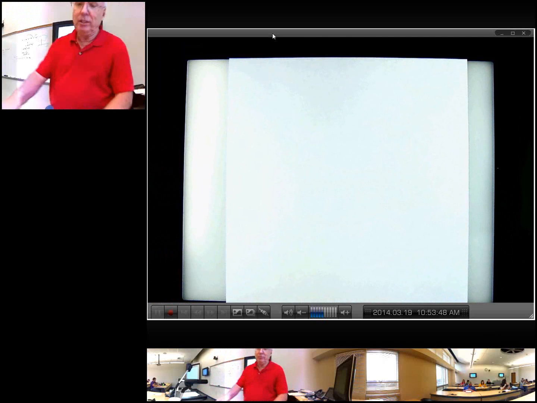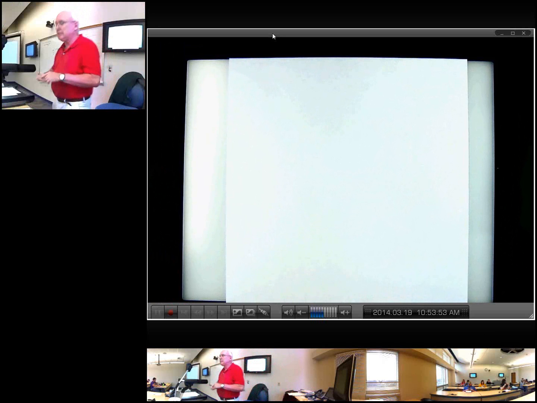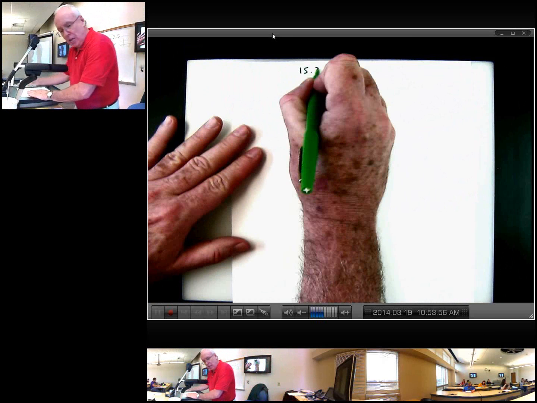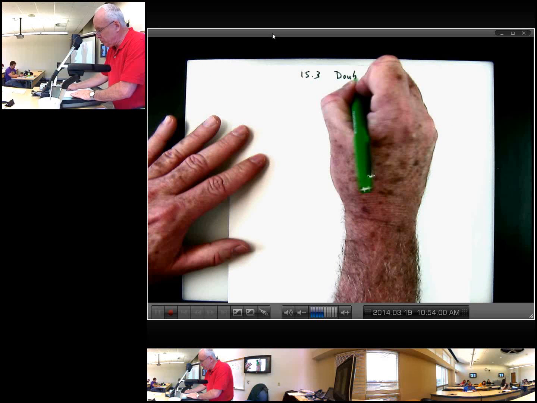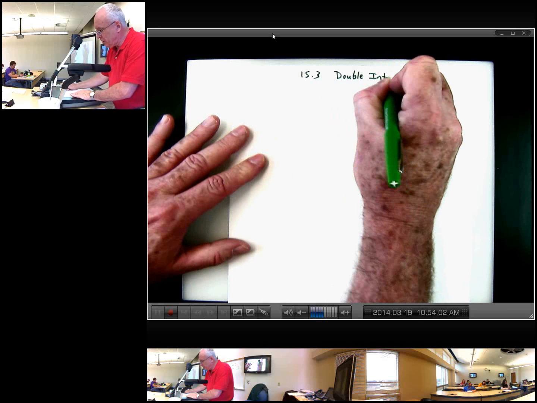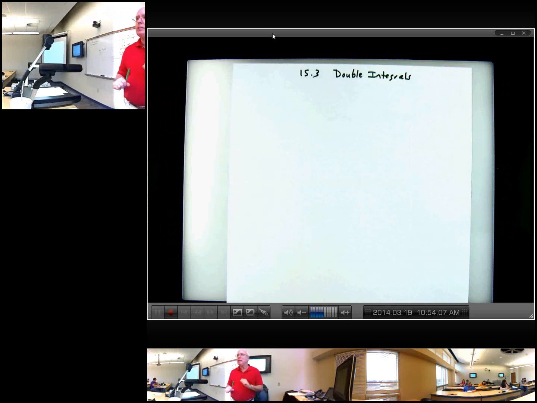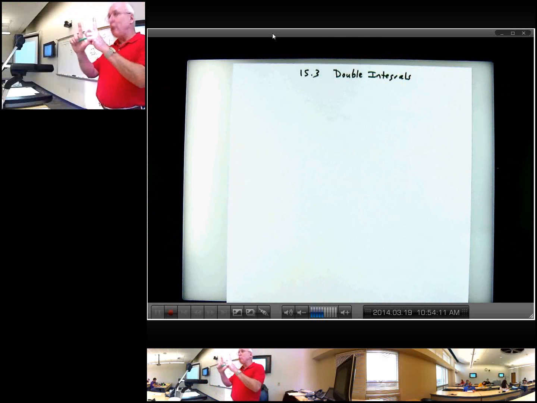All right. Okay. So let's move on then to, let's see how far we can get here with this next section, 15.3. This is where we're still, of course, doing double integrals. But now we up the ante a little bit. Now we're not just integrating them over nice rectangles.